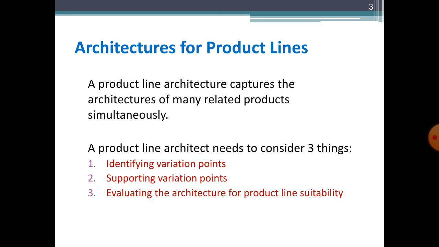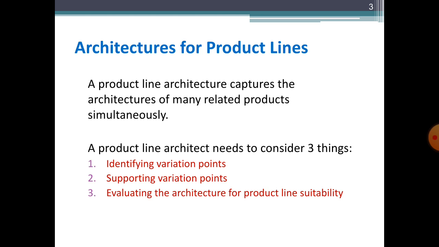The second point is spotting the variation points. Whatever variation points you have identified, you should now provide spotting for them, like inclusion of elements, for example inclusion of a different number of replicated elements, etc. And then the selection of versions of elements that have the same interface but different behavioral or quality attribute characteristics. So these are the spotting variation points.